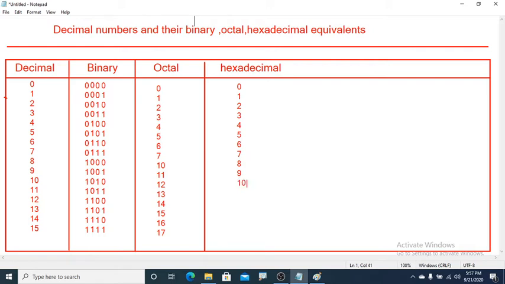For 10 A, for 11 B, for 12 C, for 13 D, for 14 E, for 15 F. This is about decimal numbers and their binary, octal, hexadecimal equivalents. Let us save this.